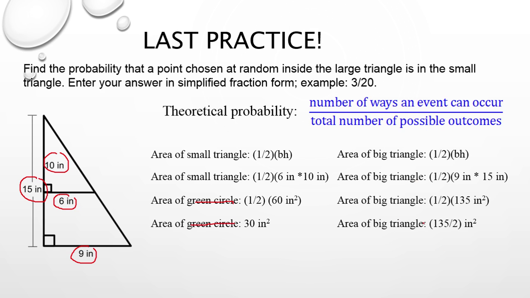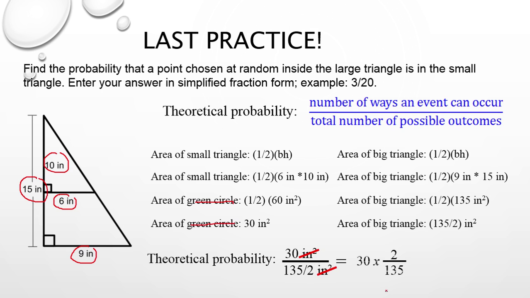So now we want to write the small triangle on top and the big one on the bottom. So 30 over 135 over 2. Keep in mind, we cannot divide by fractions, so we need to multiply by the reciprocal, which is going to be 30 times 2 over 135.